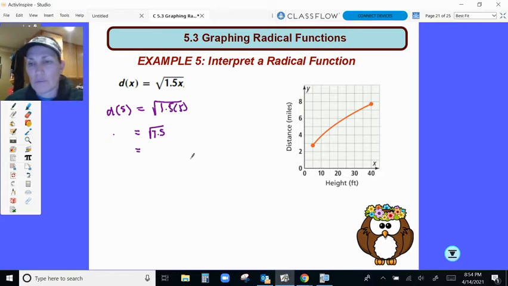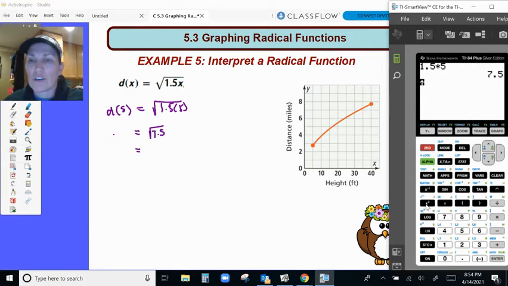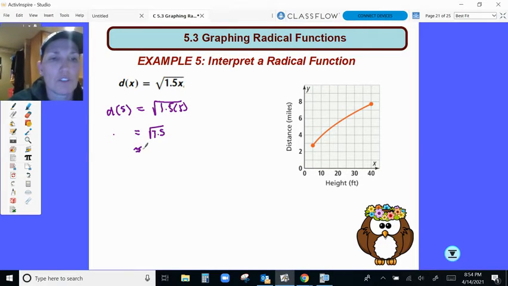And then my square root of 7.5 is going to be about 2.7, approximately equal to 2.7. So that's my distance when she's 5 feet off the cliff. So if you look over here, about 5 is going to be about 2.7.